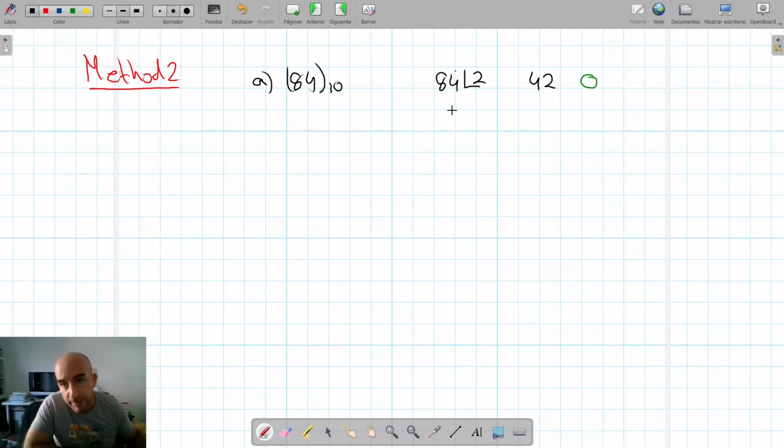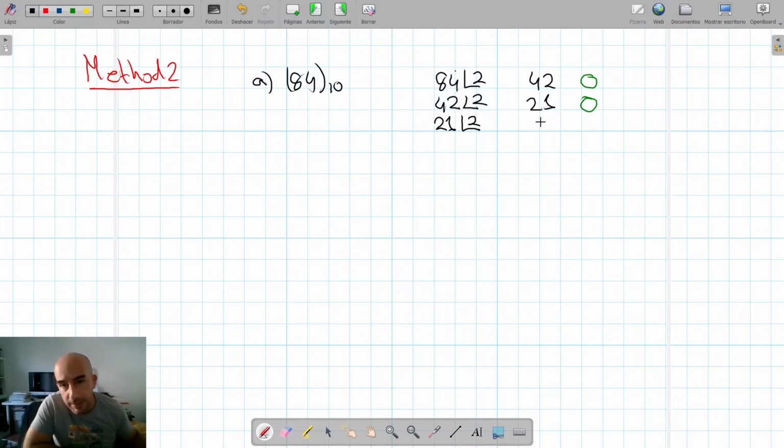And then we get that number, 42, and we divide it by 2. That's 21. And again, it's an exact division, so a 0. Now 21 is an odd number, so when you divide it by 2, it's going to result in a non-exact number, a fraction.